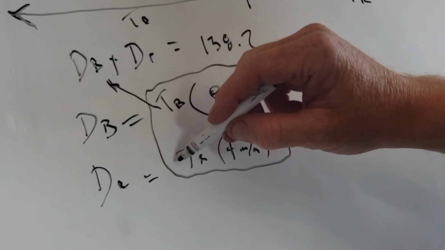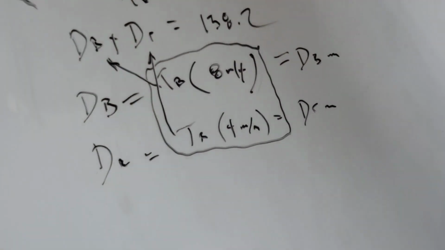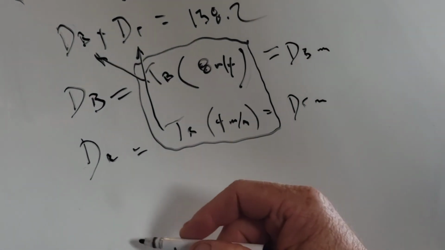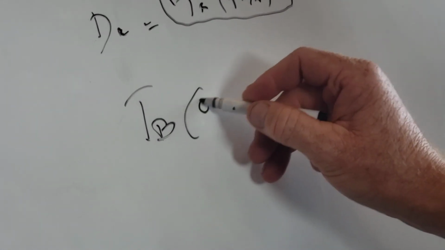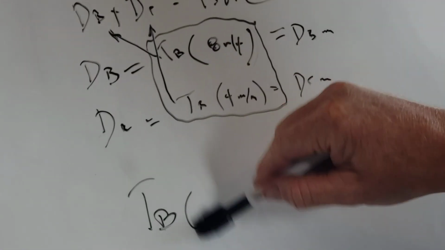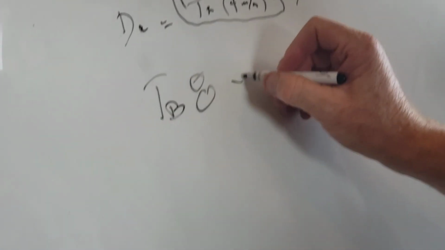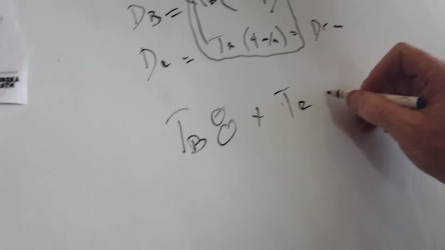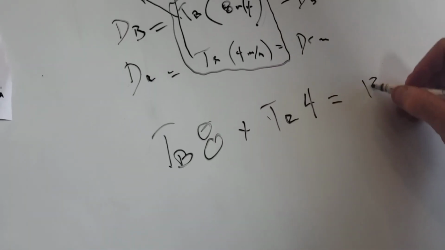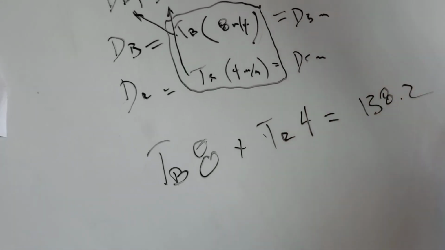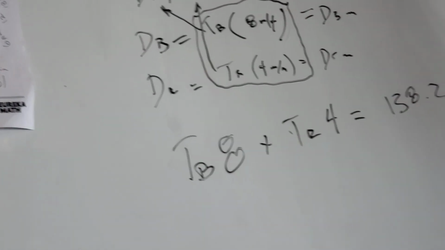If we do that, we end up with time of biker times 8, TB times 8, plus time of runner times 4 is equal to 138.2. But we can't solve this equation, can we?